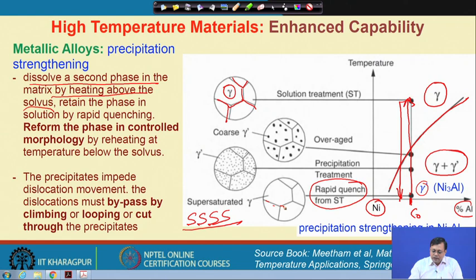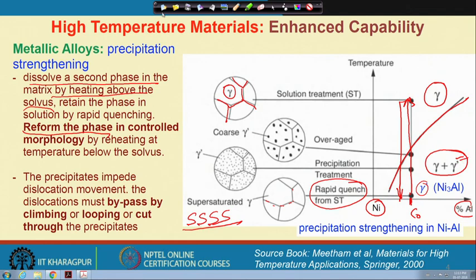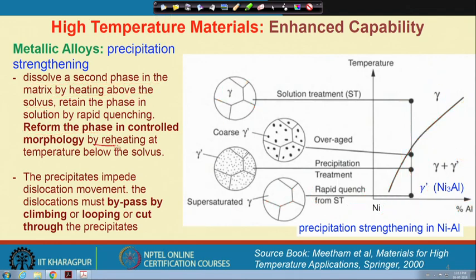Here also we get gamma, however, it contains a higher amount of aluminum, all the aluminum is inside this gamma solid solution, which is higher than the equilibrium condition. Now, what we do, we basically reform the phase, meaning the gamma prime phase should again appear by heating at a temperature below the solvus.